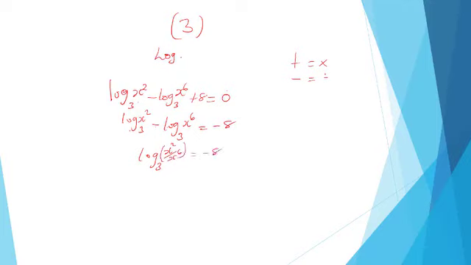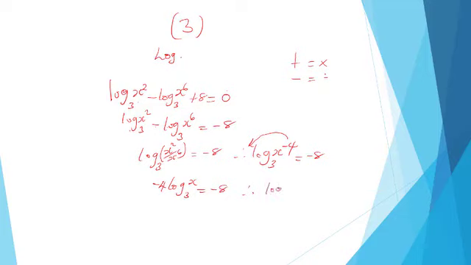So with this, x squared divided by x to the power 6 will now give us log x to the power minus 4 base 3 to be equal to minus 8. So from this point, remember the rule of logarithm, transferring the power to the front, which is minus 4 log x base 3 is equal to minus 8. Now we divide both sides by minus 4.